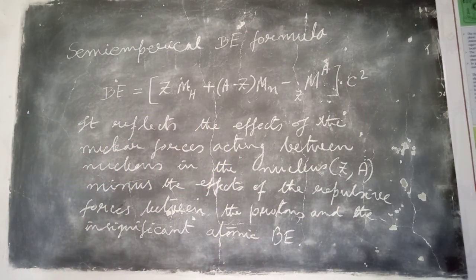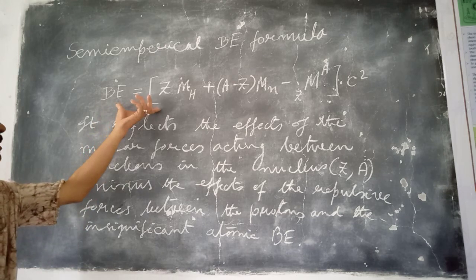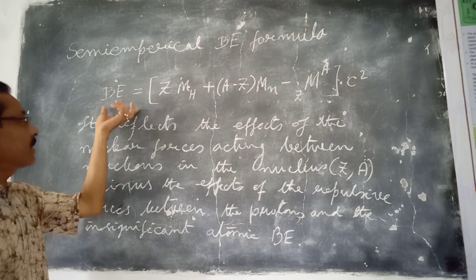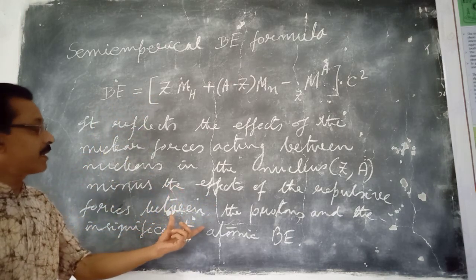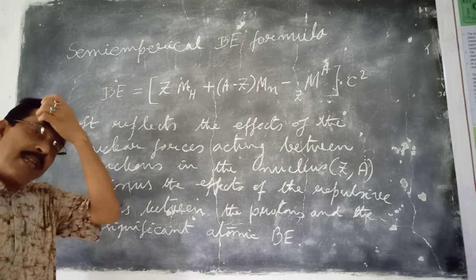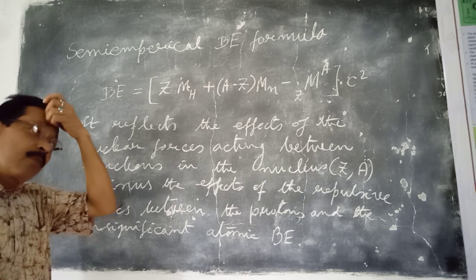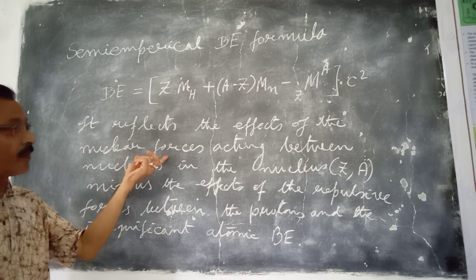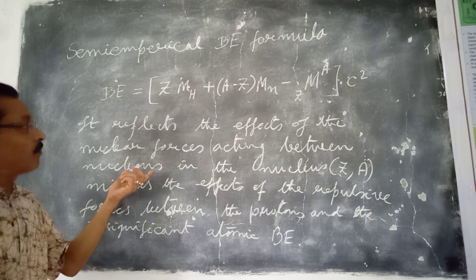So here, how the nucleons are bound within the nucleus, that means in the case of the Coulomb repulsion, how they are packed together in a small volume, that is due to the very strong internucleon attractive forces.